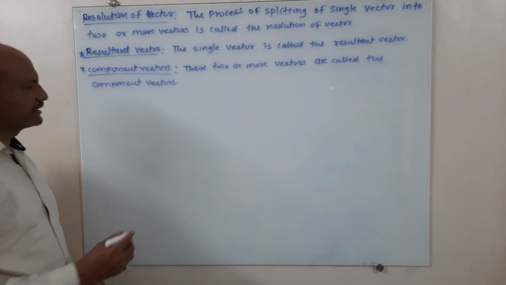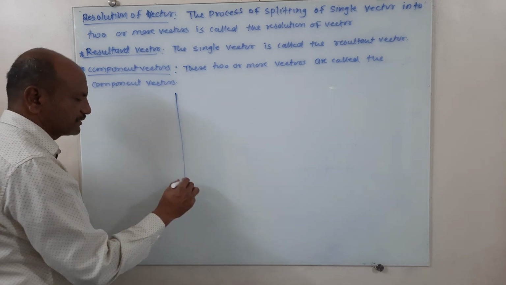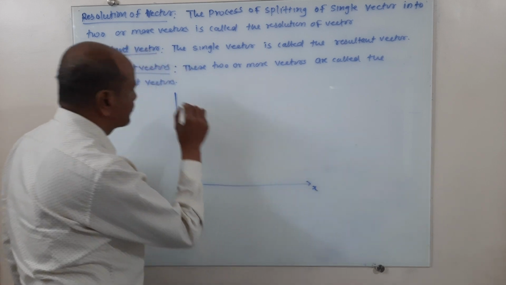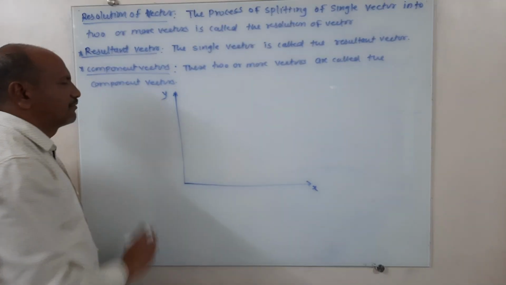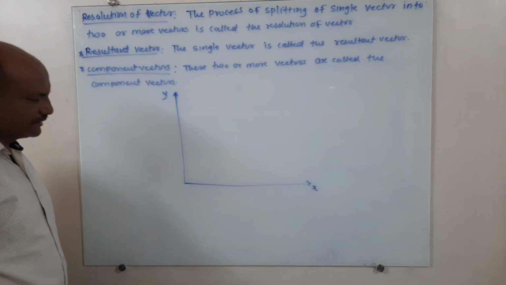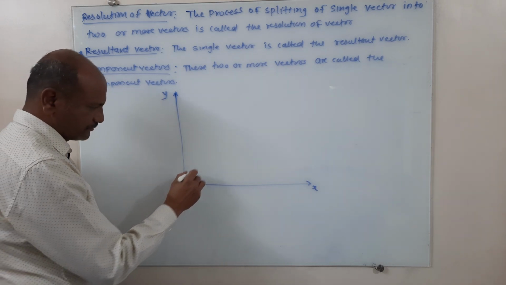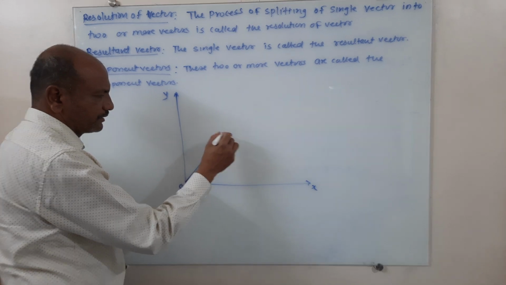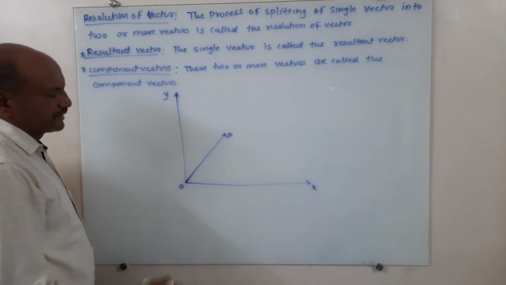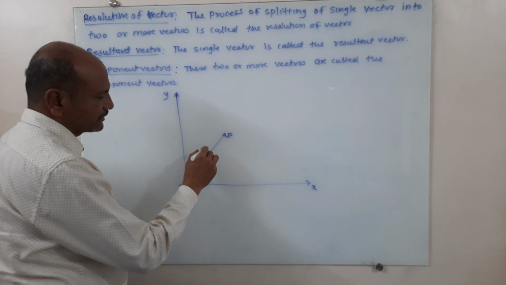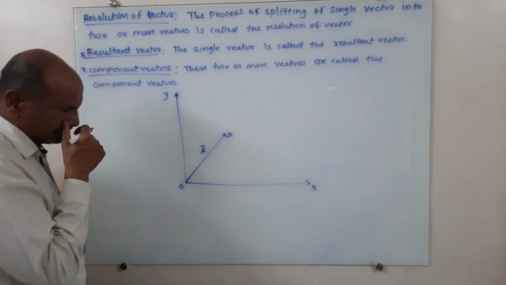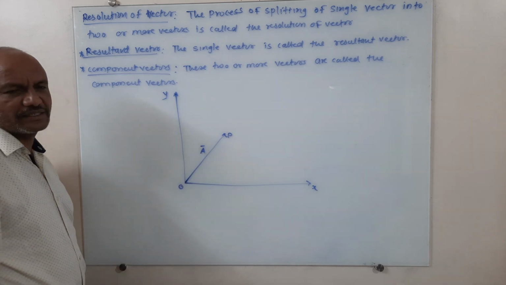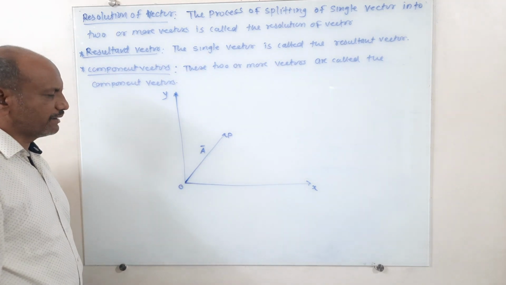Means consider the xy plane. Suppose this is the xy plane in which this OP represents magnitude and direction of a vector A bar.